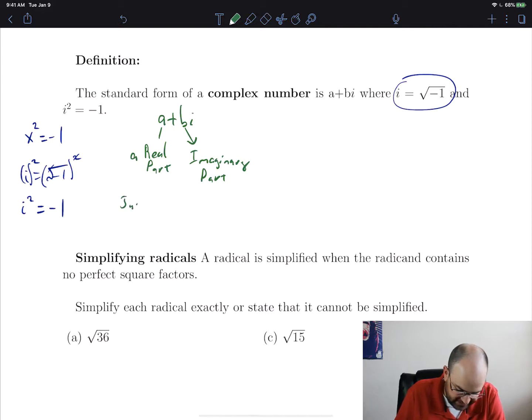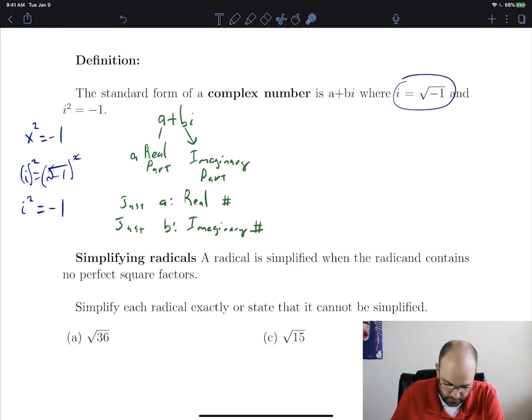So just an a, that's called a real number. Just a b, that's called an imaginary number. But both a real number and an imaginary number are complex numbers. So every number that you've ever seen has been, in fact, a complex number. It's just a complex number with an imaginary part of 0. That's all it is.